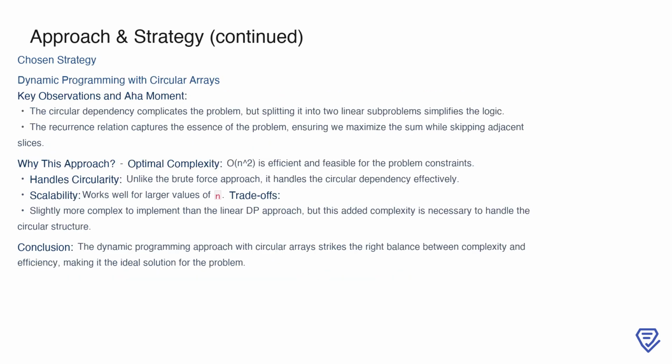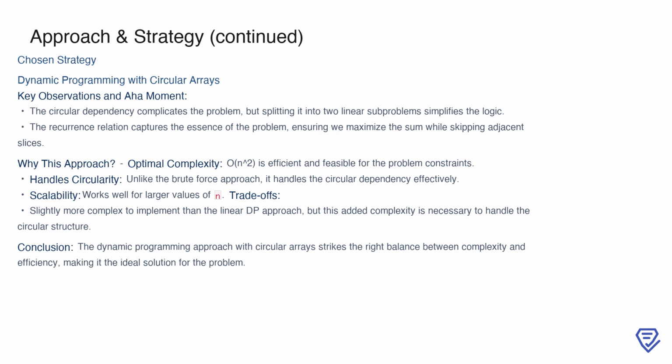Ultimately, the chosen strategy is the dynamic programming approach with circular arrays. The key insight here is that breaking the circular dependency into two linear subproblems simplifies the logic significantly while preserving the problem structure. The recurrence relation ensures the sum is maximized while adhering to the adjacency constraint.